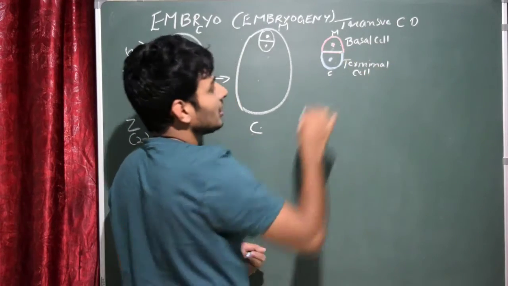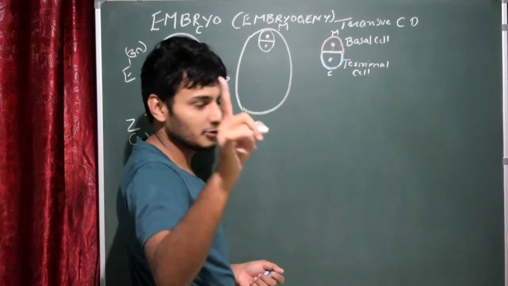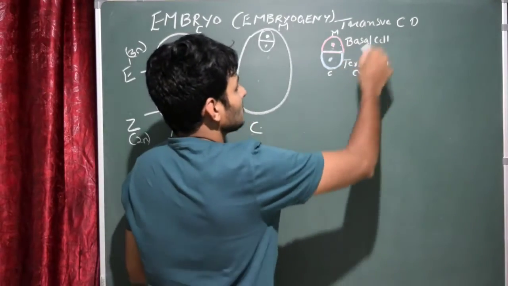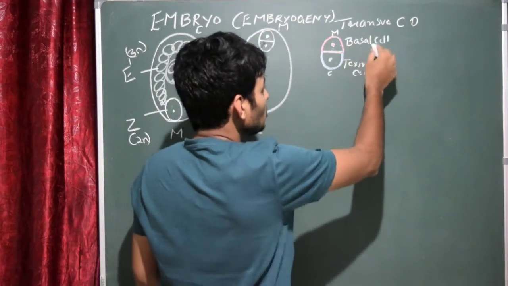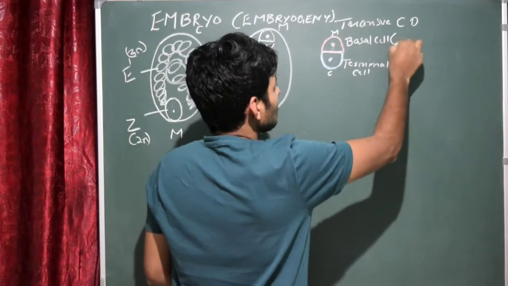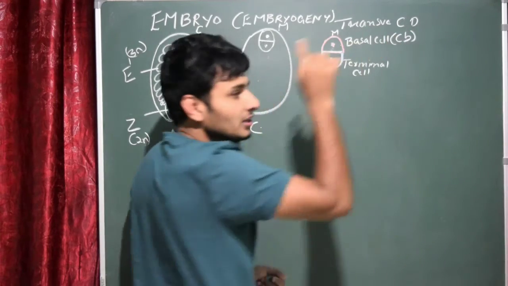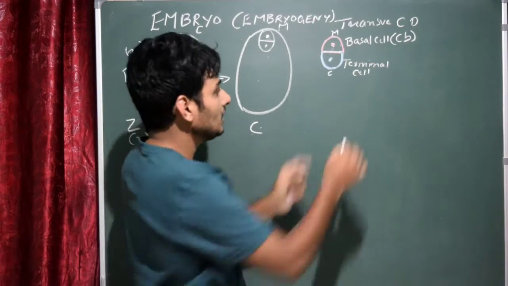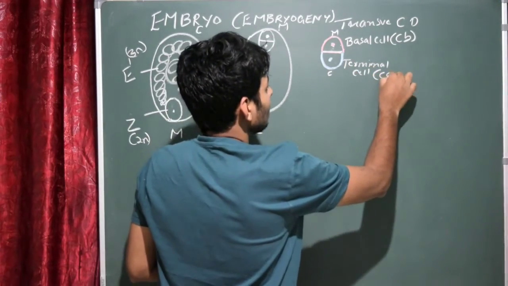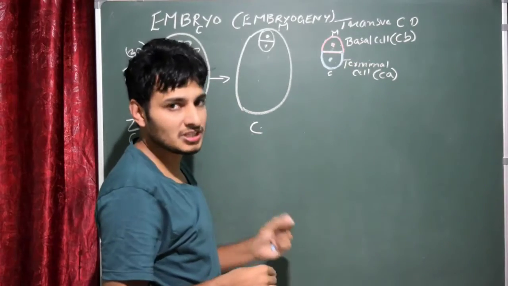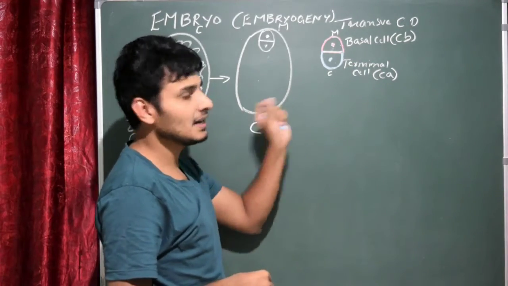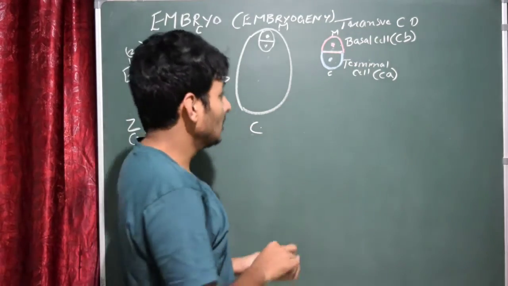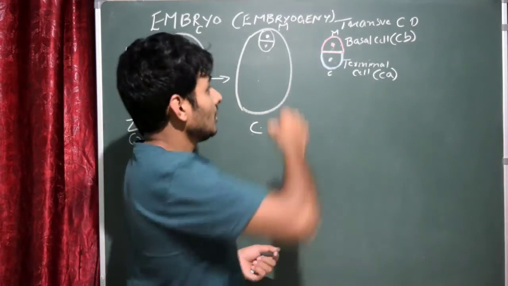Basal cell and terminal cell are produced from one zygote. The basal cell can be denoted as CB. It's only noted for the NEET examination. CB means the basal cell, and the terminal cell can be written as CA. So we have CB and CA, that is basal cell and terminal cell.